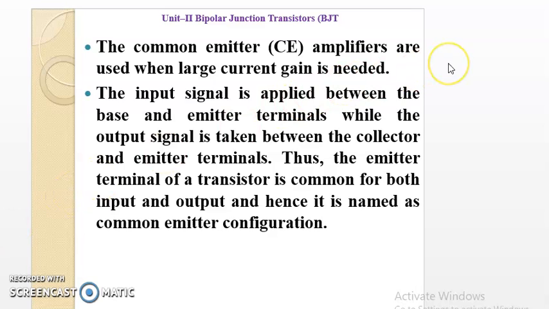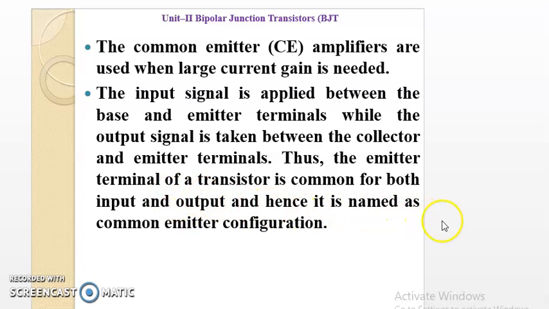The common emitter amplifiers, that is CE amplifiers, are used when large current gain is needed. The input signal is applied between base and emitter terminals. Output is taken between collector and emitter terminals. In this way, the emitter terminal of a transistor is common to both input and output.